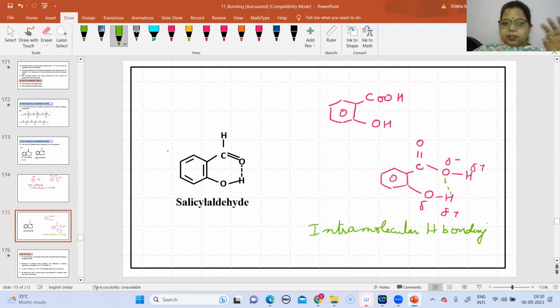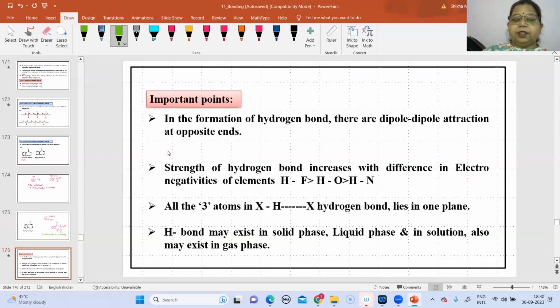Is it clear? Is the difference between intermolecular and intramolecular hydrogen bonding clear to all of you? Yes, ma'am. Okay. Now, moving on, we will be studying their characteristic properties.